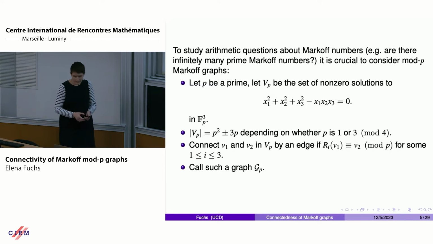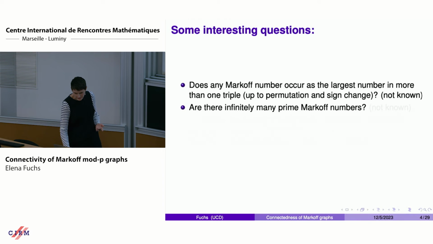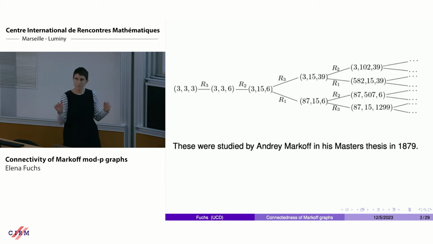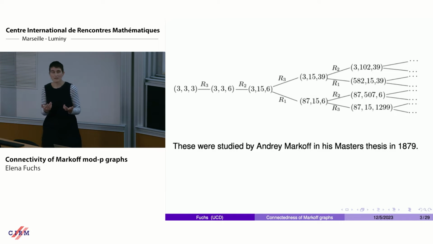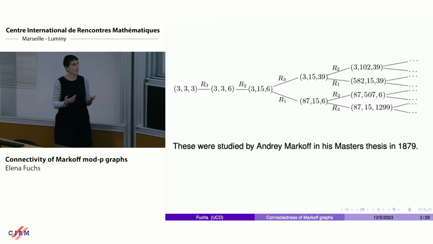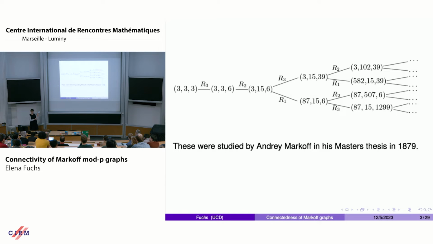So it's very tempting to say, oh, well, this graph is just this tree, but mod p, right? But that's not true necessarily, because maybe there's a solution to your Markoff equation mod p, and there is no triple in Z which is that thing mod p.